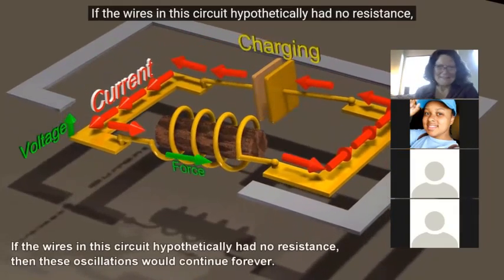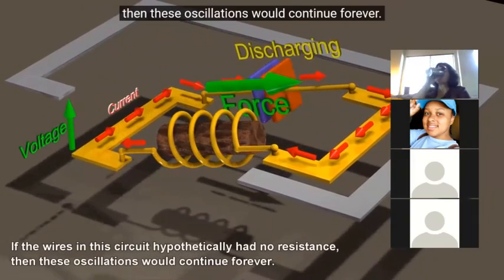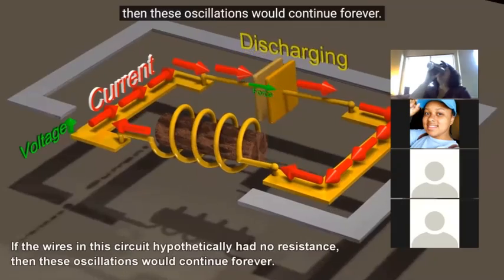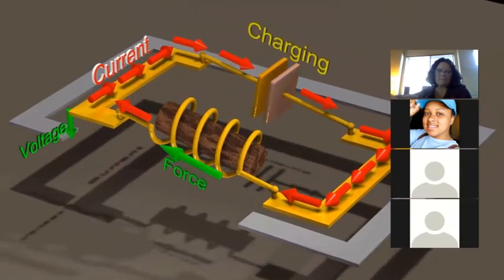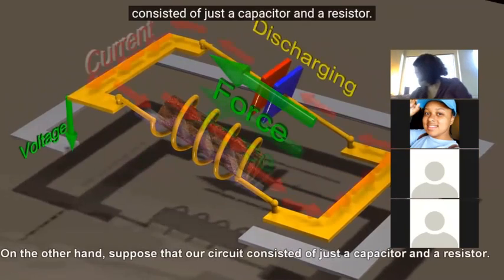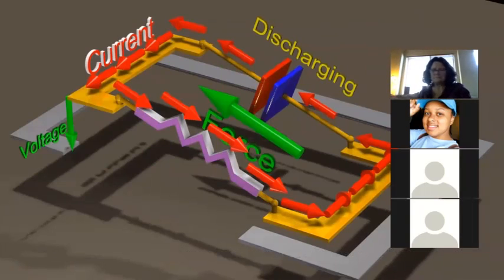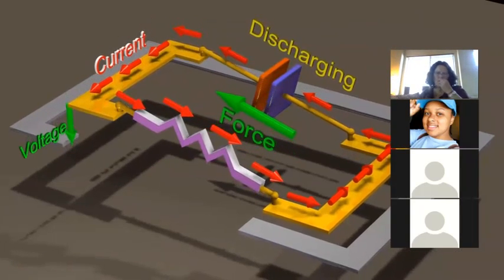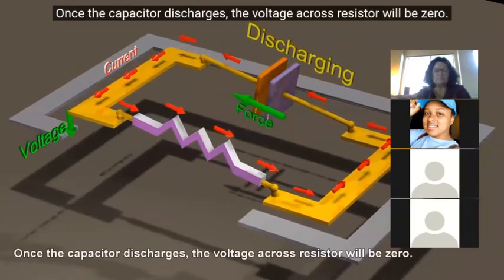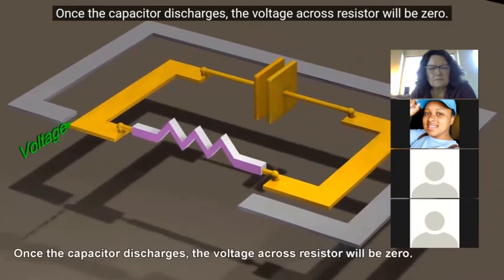If the wires in this circuit hypothetically had no resistance, then these oscillations. On the other hand, suppose that our circuit consists of a capacitor. Once the capacitor discharges, the voltage across the resistance.